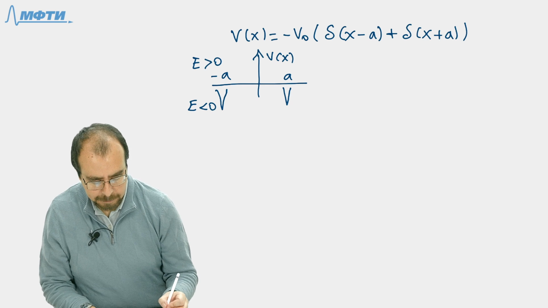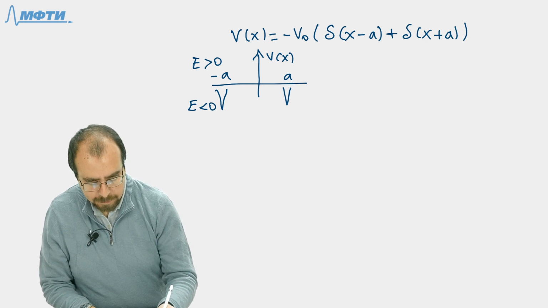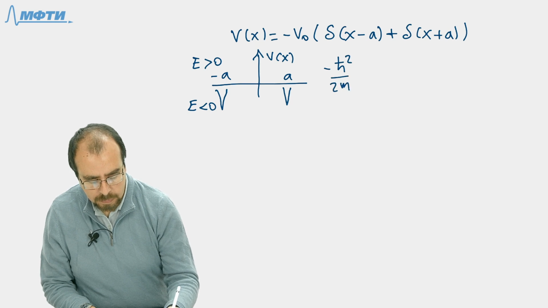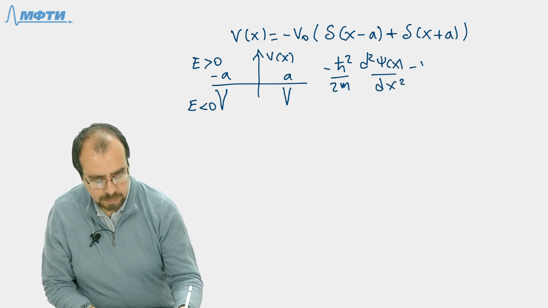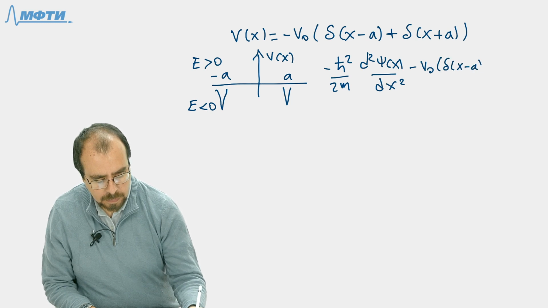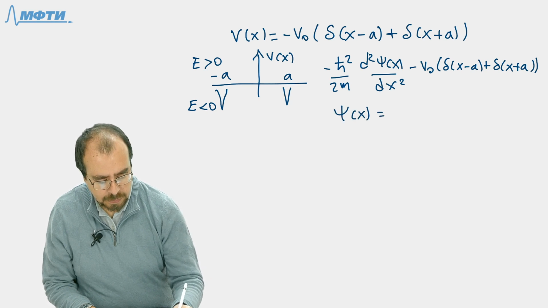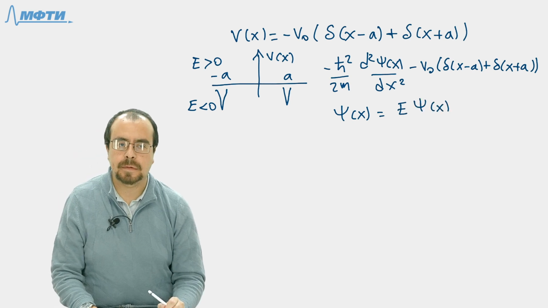So in principle, we will have in that case our Schrödinger equation. We will have the same terms as always, psi of x, and this will be equal to the energy times psi, right? So nothing new here.